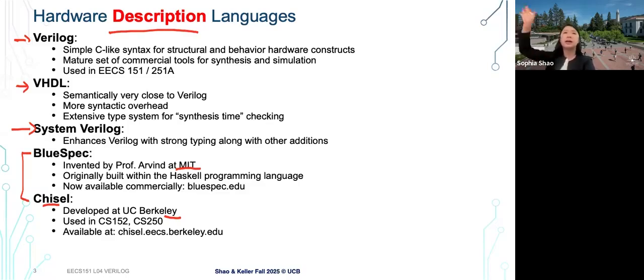But to demonstrate this ISA can actually be fabricated and produce very advanced hardware, one of the underlying components was using Chisel as a very productive language to enable students to write a lot of different RISC-V cores that demonstrate the applicability of RISC-V. For folks who have done or will be taking CS152, this will be the language that you will be using for your class.